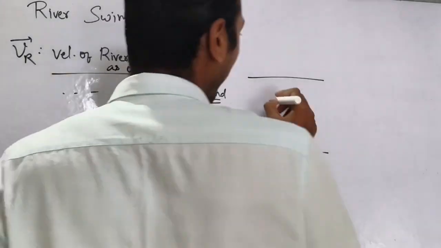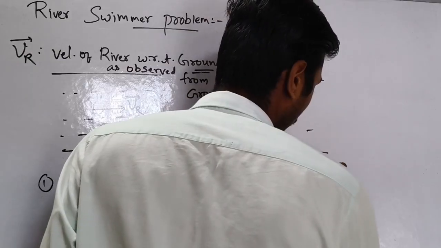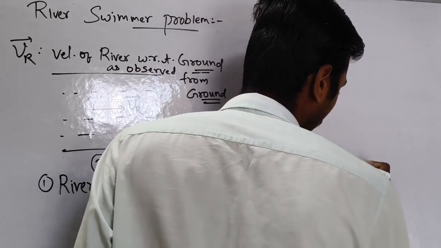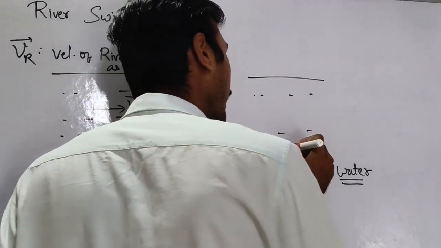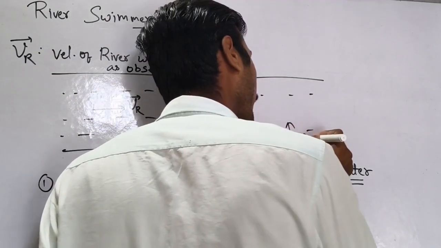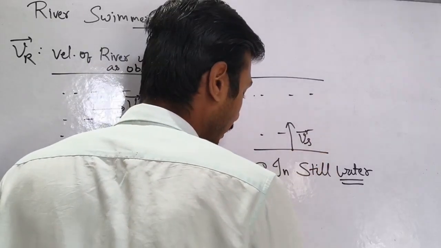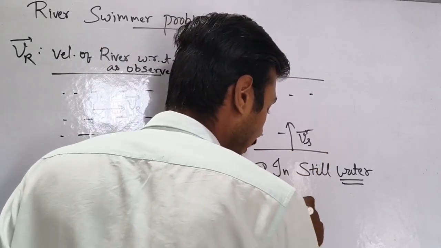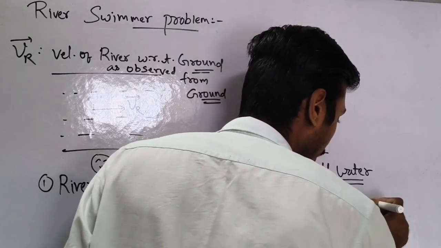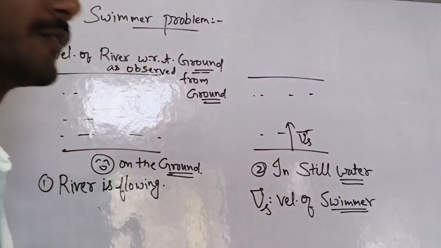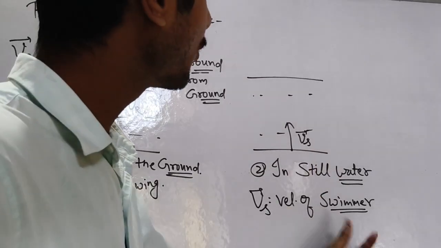Look, in still water, if the swimmer swims, then Vs is the velocity of the swimmer. What is Vs? Sir, Vs is the velocity of the swimmer.